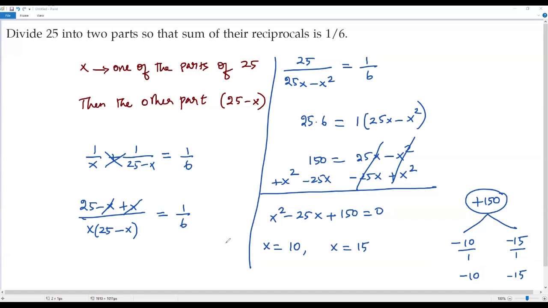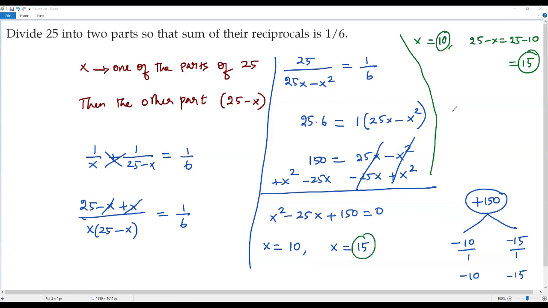Now what I have to do is I have to plug in these two values for x, 10 and 15, in the other part of the 25. Okay, let me do it over here. When x is equal to 10, then 25 minus x equals to 25 minus 10, which is equal to 15. That is, if one of the parts is 10, the other part is 15. Now let me try the second value of x also. That is x equals to 15.